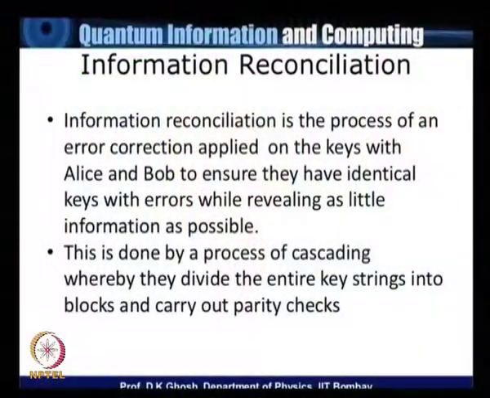However, this extra information revealed to Eve can be shown not to matter much. They do it by a process called cascading. So they have a set of n strings which ideally should agree completely. They divide this entire key string into blocks of an agreed size, and then they do a parity check on each block.